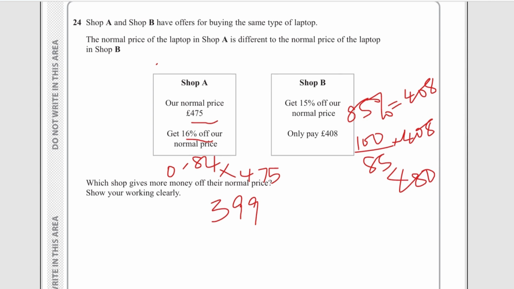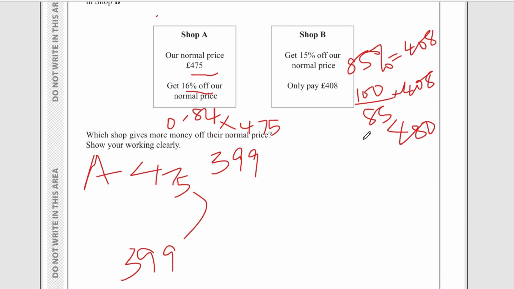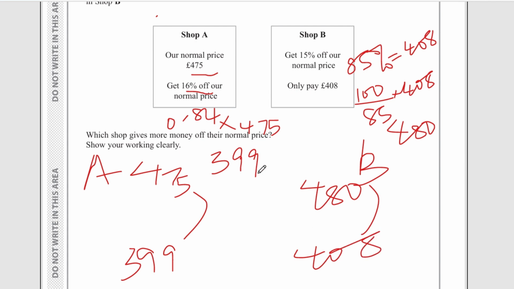So let's analyze it like this. The normal price for shop A was 475. They want to give you at 399. Then for B, this is for A. For B, the normal price was 480. They want to give you at 408. So what's the difference? For A, when you do the subtraction, 475 minus 399, that will give you 76.